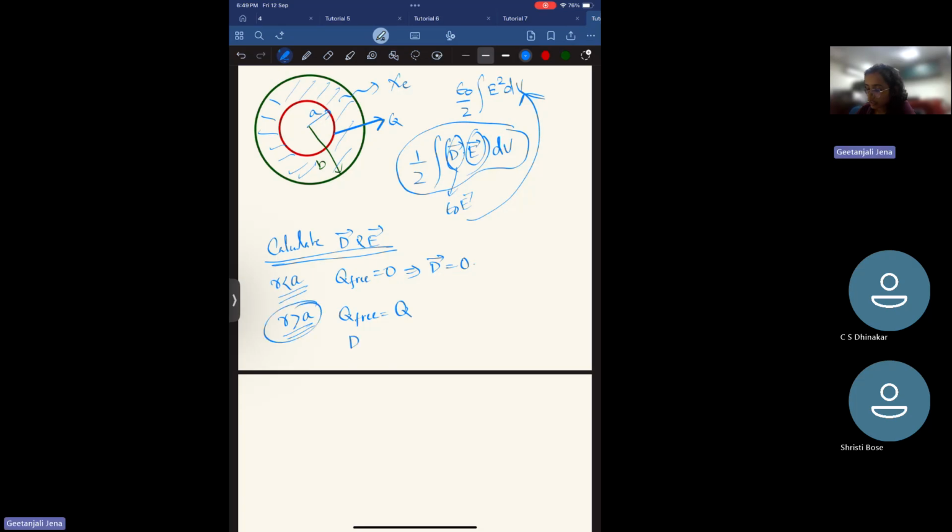In the region where r greater than A, D dot dS is Q. It will give D is Q by 4 pi r squared r̂.